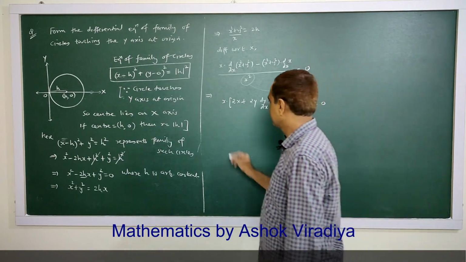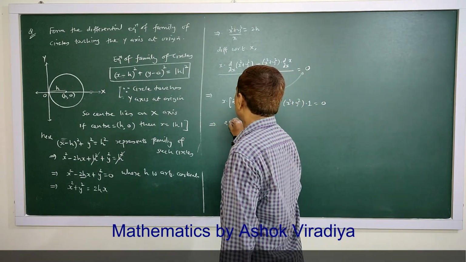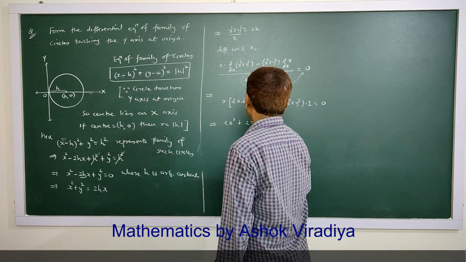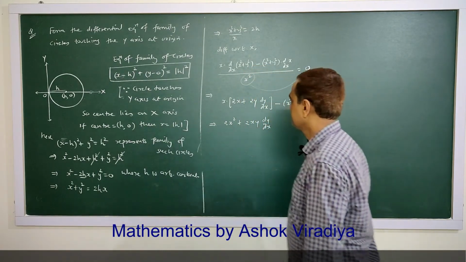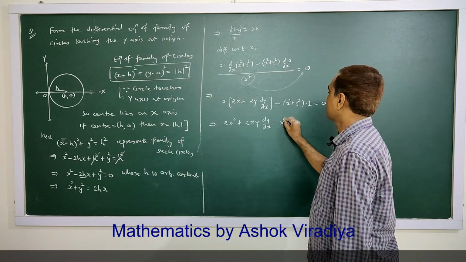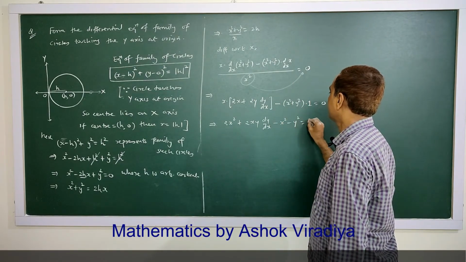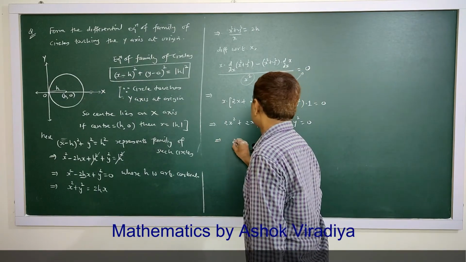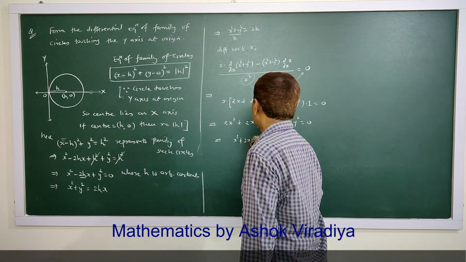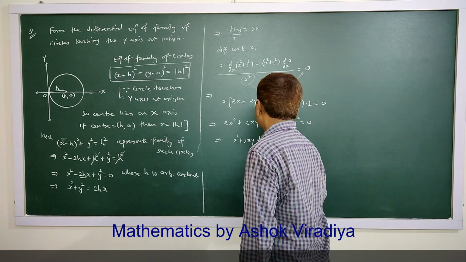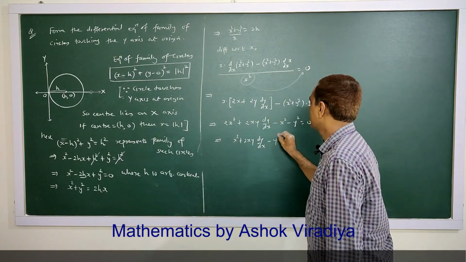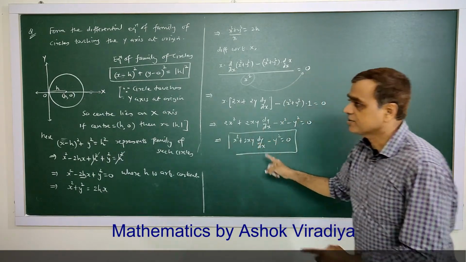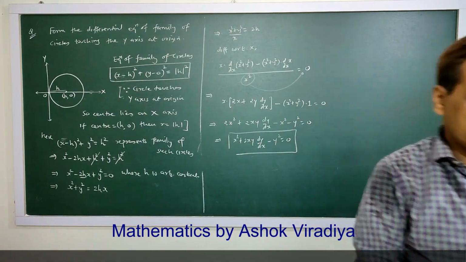So this is 2x square plus 2xy dy by dx minus x square minus y square is 0. So 2x square minus x square is x square, plus 2xy dy by dx minus y square equal to 0. This is the required differential equation.